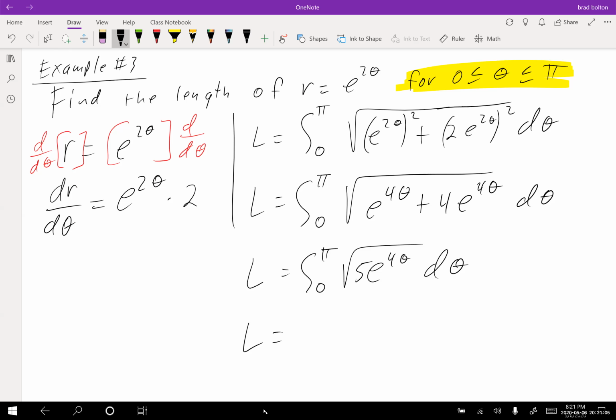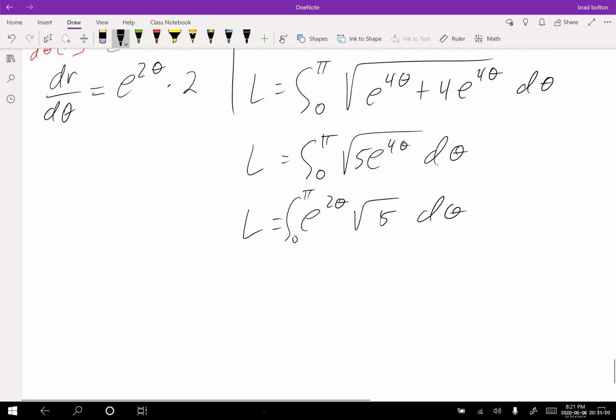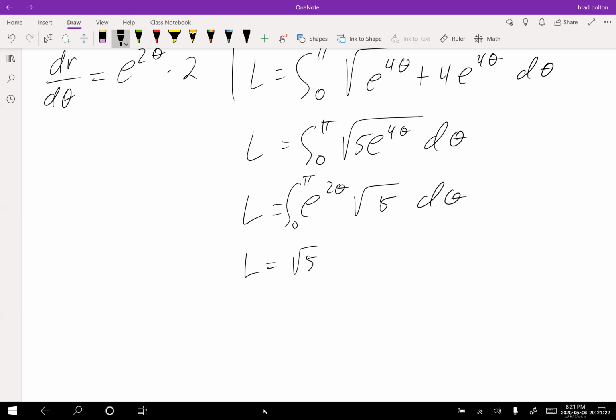Then this becomes e to the 2 theta times the square root of 5 d theta, integral from 0 to pi. But we know that square root of 5 is just a constant. So L equals square root of 5 times the integral from 0 to pi of e to the 2 theta d theta.